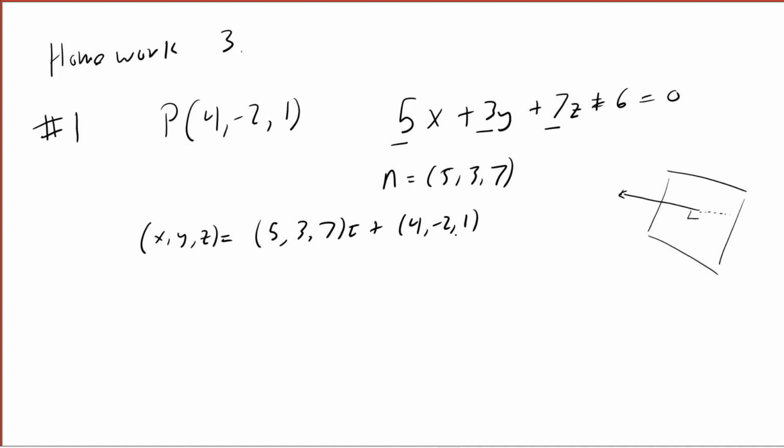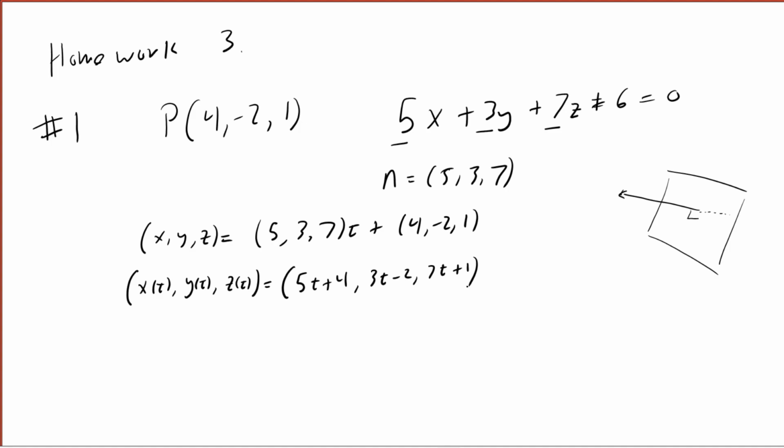Okay, so it says to give the vector parametric equations. So we want to give this in parametric form. So let me go ahead and write it this way. (x(t), y(t), z(t)) equals, well, if I just distribute this all out, what I get is (5t + 4, 3t - 2, 7t + 1).